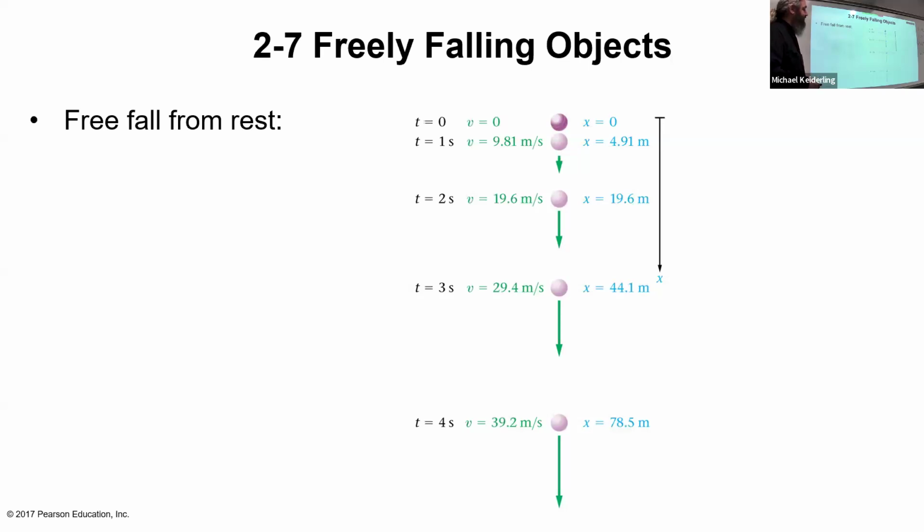And after 4 seconds, 39.2 meters per second. And then for your position, the distance you've fallen, you can use this to figure it out. So you've fallen 0 meters, 4.91 meters, 19.6 meters, 44.1 meters, and 78.5 meters after 4 seconds. You get moving fast.